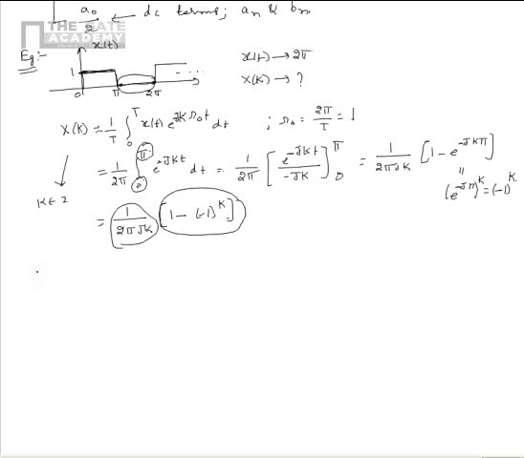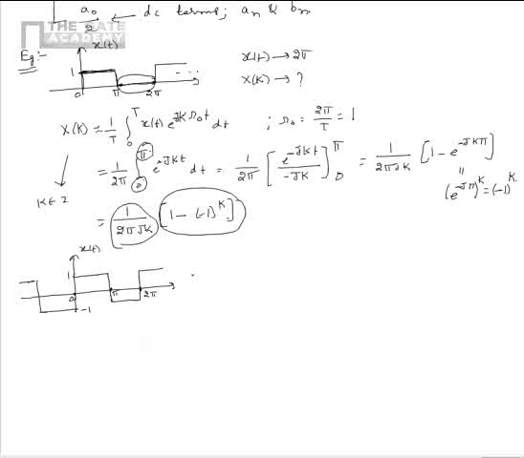Now, let us consider another example in which there is a signal x of t that is given as shown, that is, it is a square waveform which has a value of 1 from 0 to pi, and it has a value of minus 1 from pi to 2 pi.